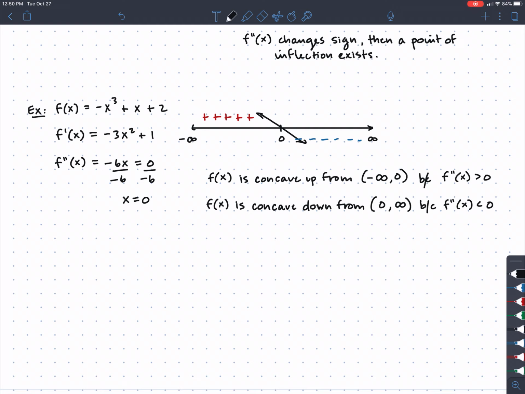We have a point of inflection at x equals 0, and that is because f double prime changes sign.